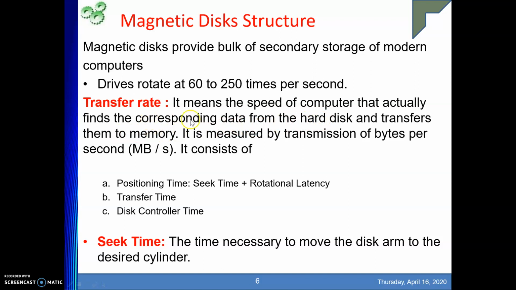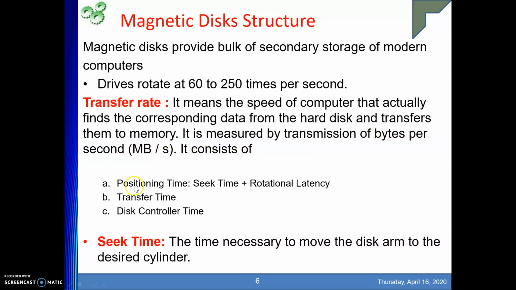That means we need to get its head number, cylinder number, sector number, right? That is getting that position. And then transferring that data to the memory. So these two times together make up my transfer rate. It is measured by the transmission of bytes per second. Generally the unit is megabytes per second.